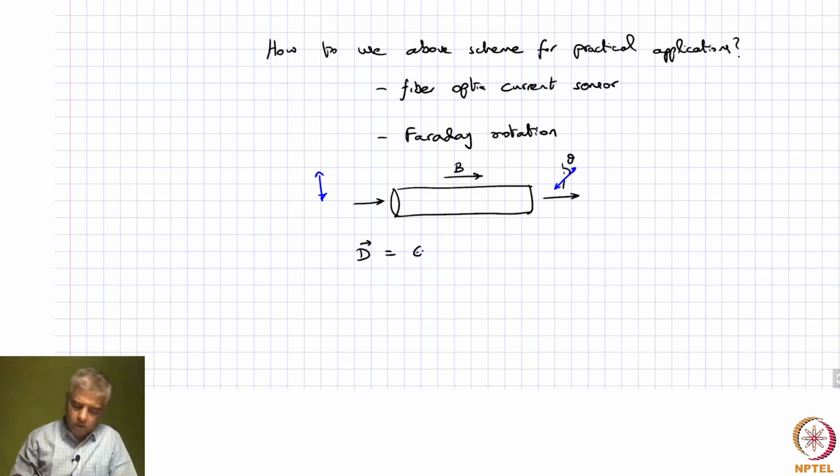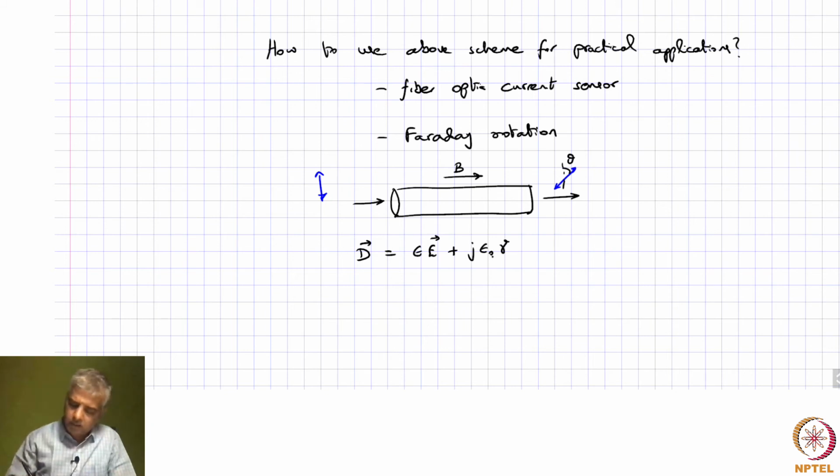Normally you define the displacement vector as epsilon times E, where epsilon corresponds to the permittivity of the material, which is epsilon naught multiplied by the relative permittivity of the material. But in addition to that, what you get is actually a magneto-gyration effect.